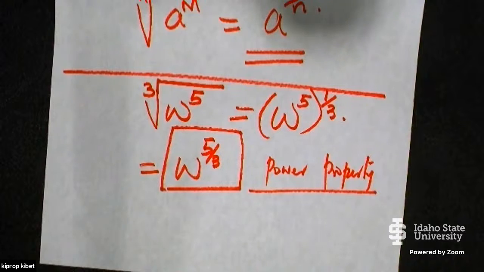Now, how should we convert the rational exponent to a radical? So now converting the rational to radical.